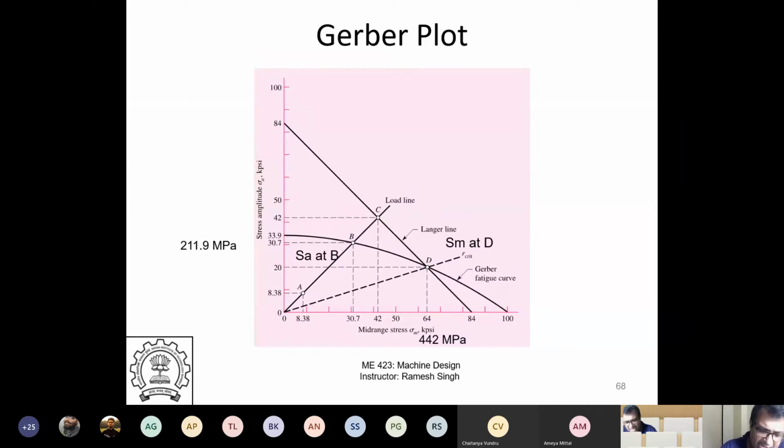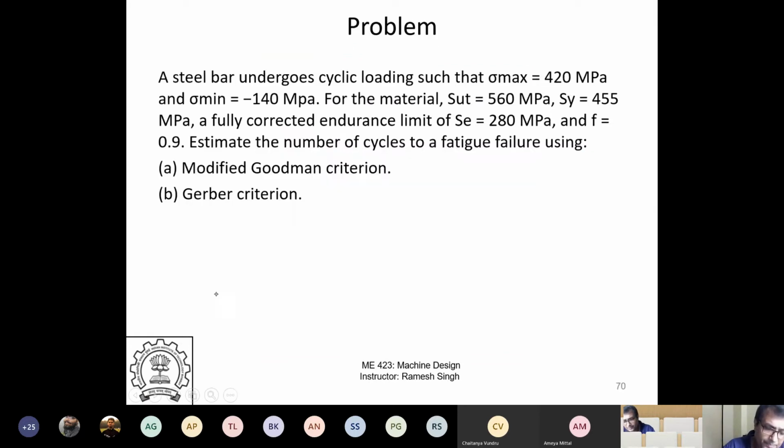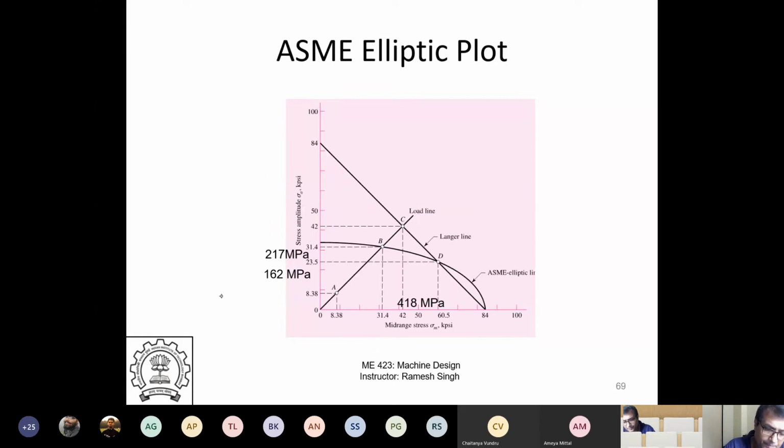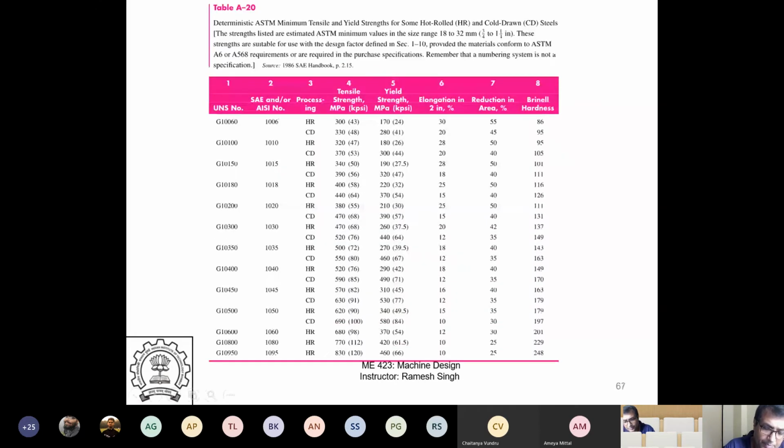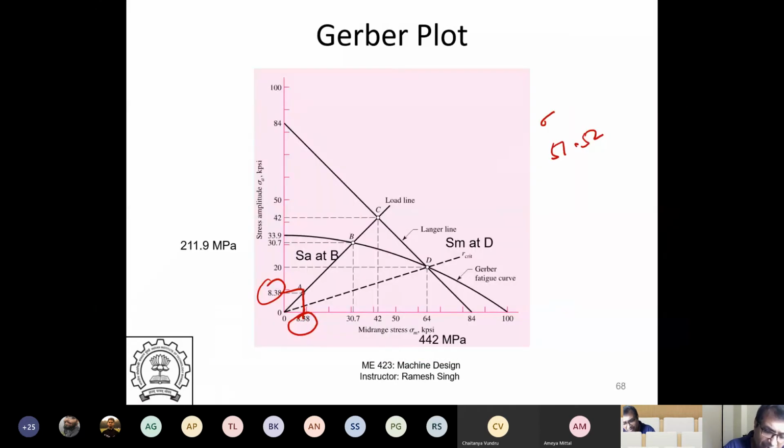So now this is my sigma A and sigma M, which is 51.52. Sigma A is equal to 51.52 and sigma M is equal to 51.52 MPa, right? Now what I want to do is find out the factor of safety.